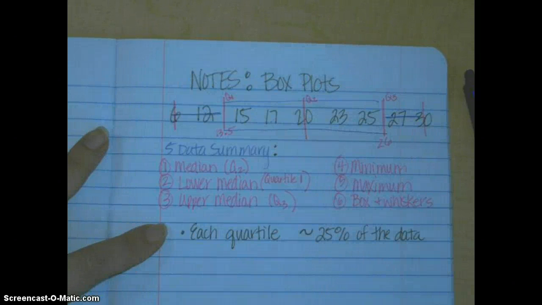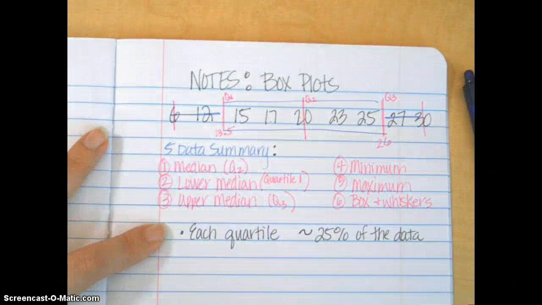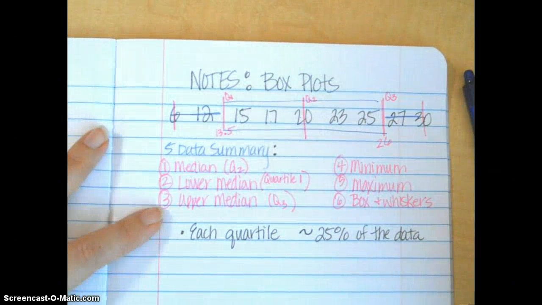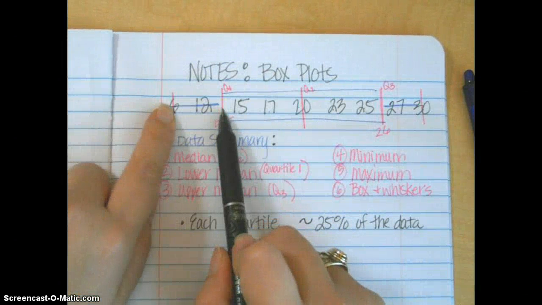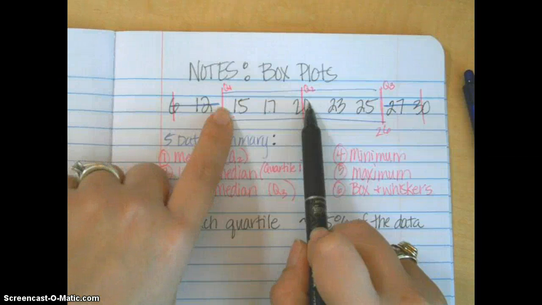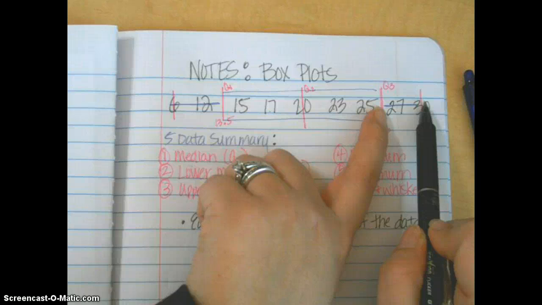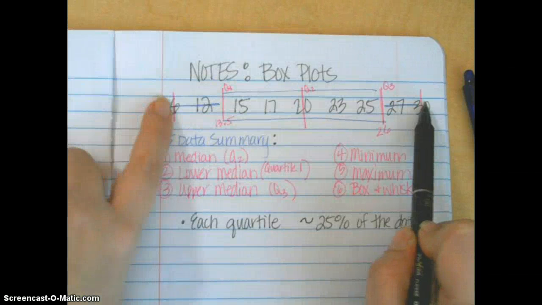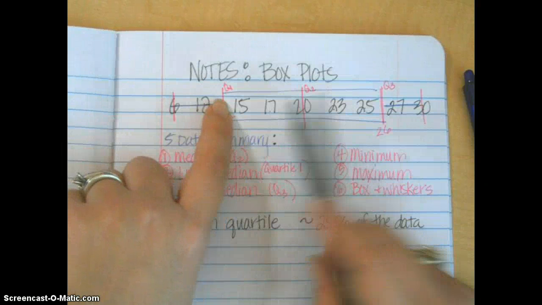Now my light's turned off, so my color got weird. Let's see if we can fix that so you can see it better. There we go. 25% of the data. So each quartile, between my pen and my finger here, 25%. Here, 25%. Here, 25%. Here, 25%. The whole thing is 100%. The box is 50%. 25 and 25 is 50.